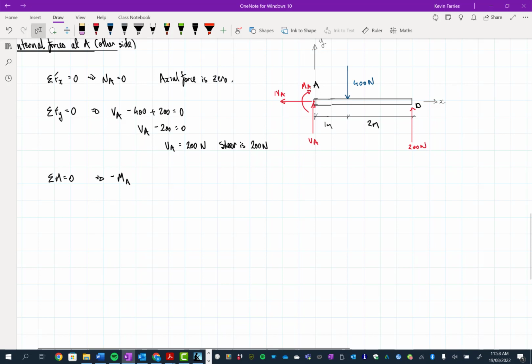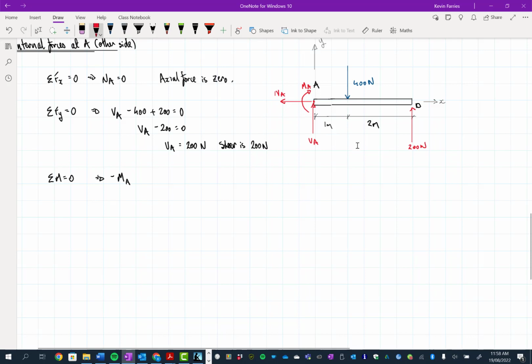And so when we're doing these calcs for equilibrium, we're switching back to the positives and negatives for external forces that we've done up till now. And that's in the negative direction. So it's negative MA. And then I'm thinking about rotation around this point. So that 400 has a lever arm of 1 meter, and it's also going negative.